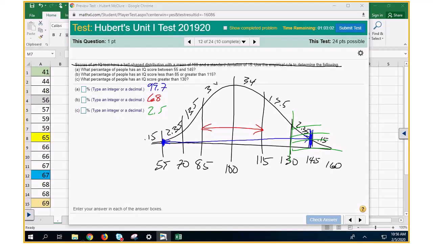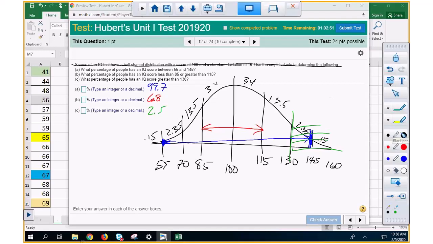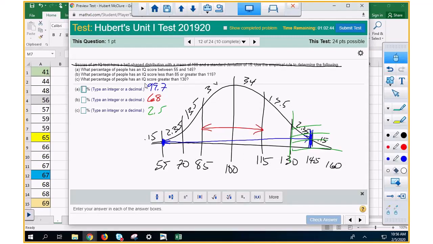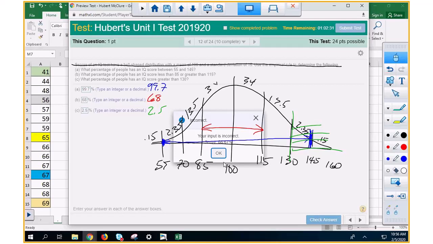There's your answers. That's 100% an empirical rule question. Remember, when it says mean and standard deviation, draw the curve. So that's 99.7, 68, and 2.5. Check answer. We feel good about ourselves.